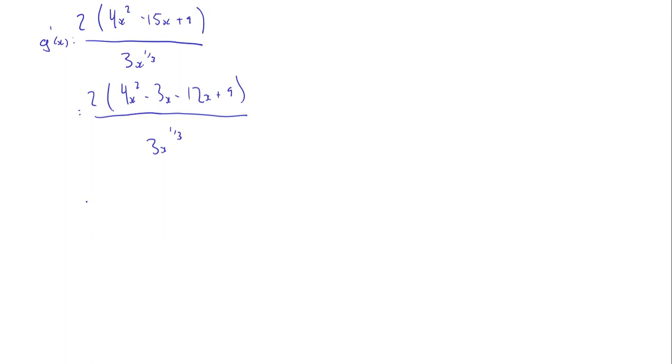This is how I do things. I know there's probably some better tricks, but I don't know what they are. I can pull out a factor of x, and I'm left with 4x minus 3. Then I can pull out a factor of -3, and I'm left with 4x minus 3. And then I can factor out this 4x minus 3, and this is what I'm left with in the numerator.